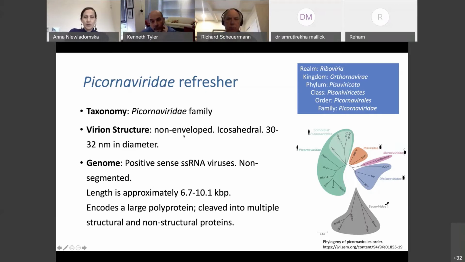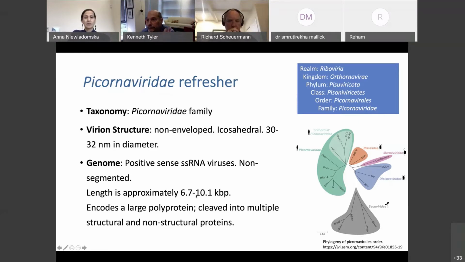They're pretty small viruses, and they're non-enveloped. They're icosahedral, and they tend to be about 30 to 32 nanometers in diameter, depending on the virus. They're positive-sense, single-stranded RNA viruses, and they're non-segmented, unlike influenza. Again, they're quite short.